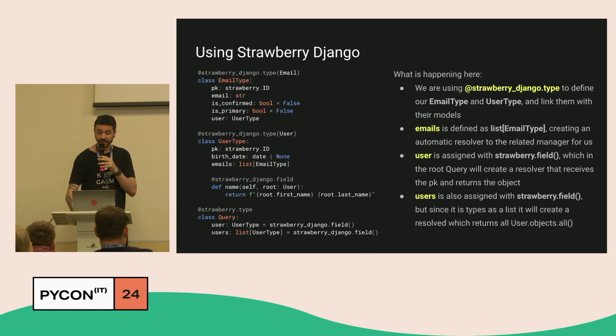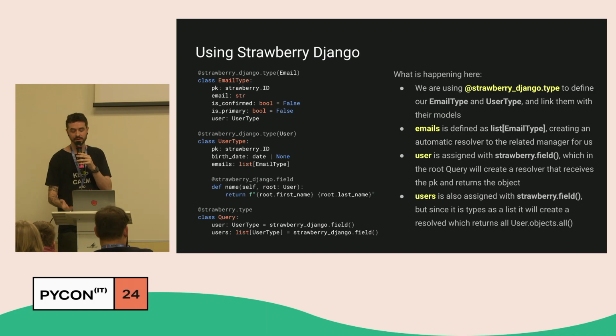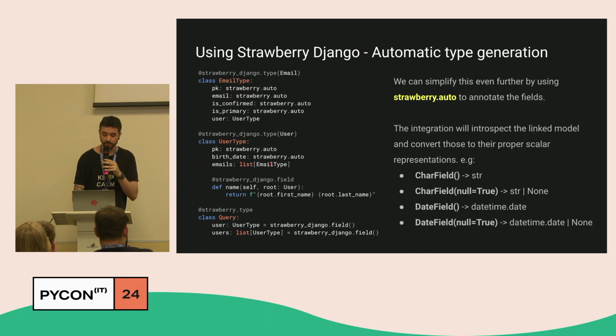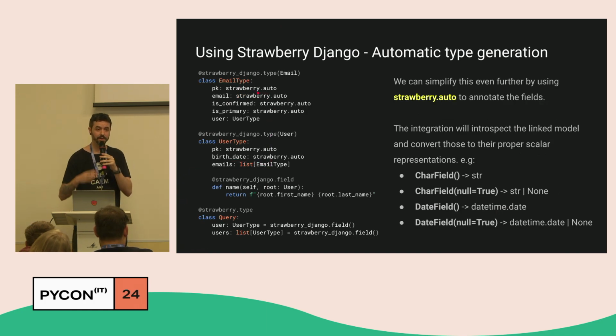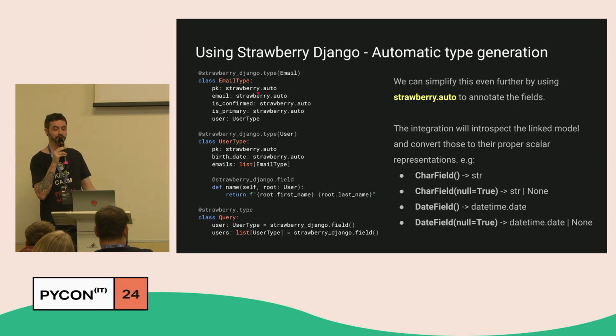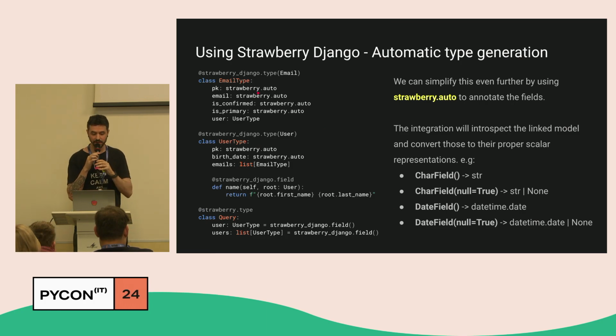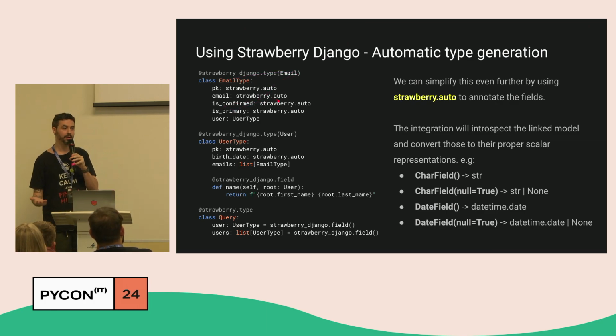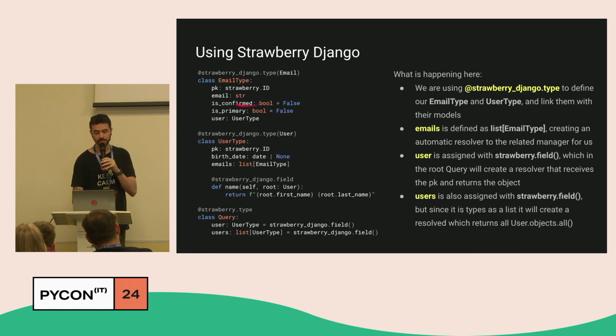But as I said, this can be even easier, even better. So we also provide an automatic type generation. Because we are doing this link between email type and email, we know that is_confirmed is a Boolean field. So why do we need to do this again? There is no need to do that.